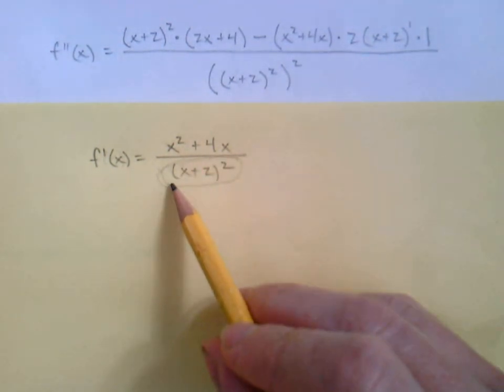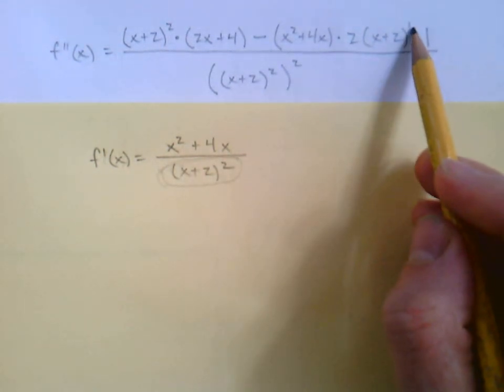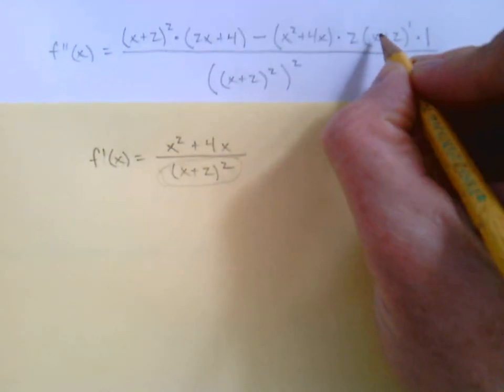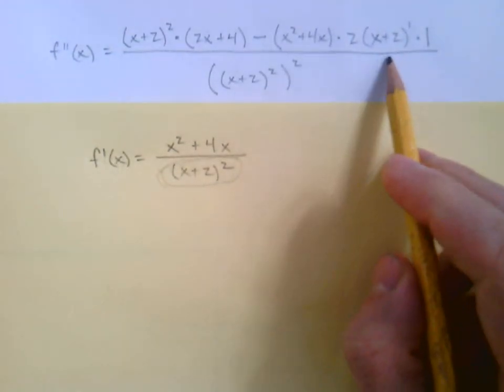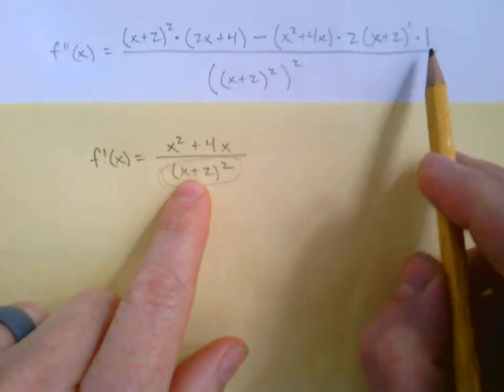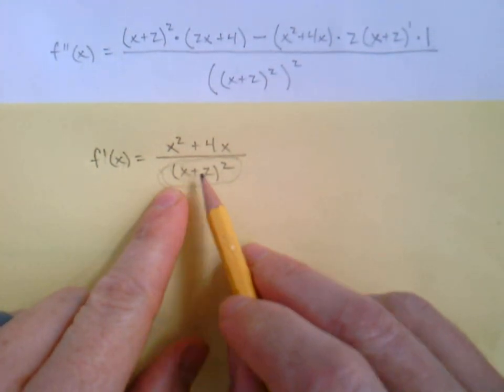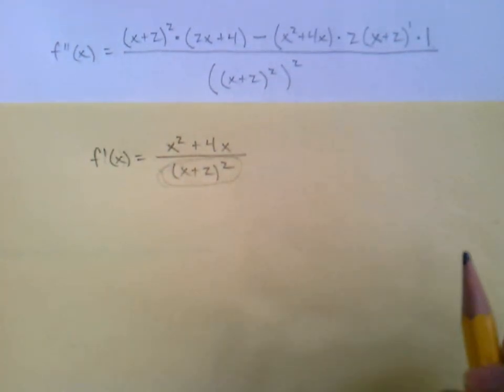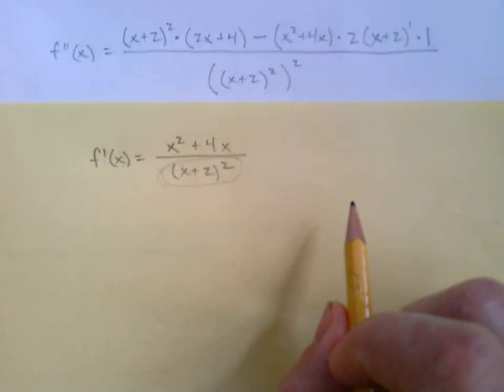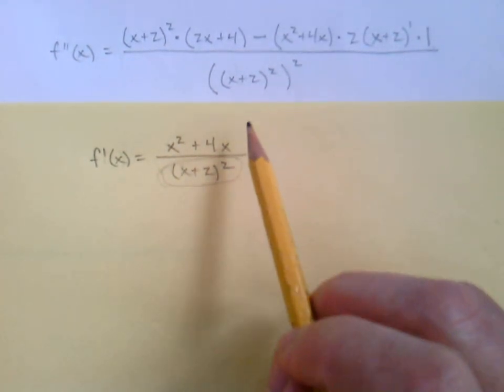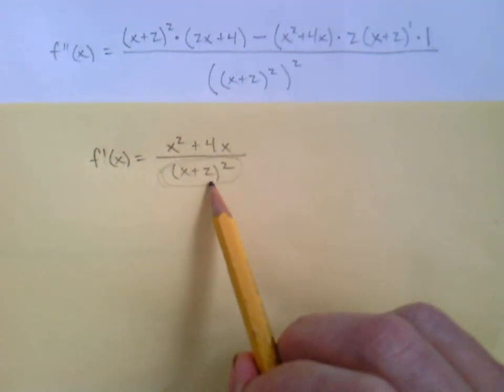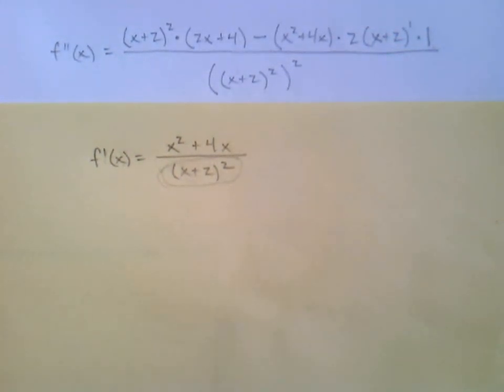The 2 comes down, drops the power to a 1. I copy the x plus 2. Then I need to multiply by the derivative of the inside, but that derivative is simply 1 from the x, so times 1. And then I'm going to put it all over the low squared, so there's the low, and that's going to get squared a second time.